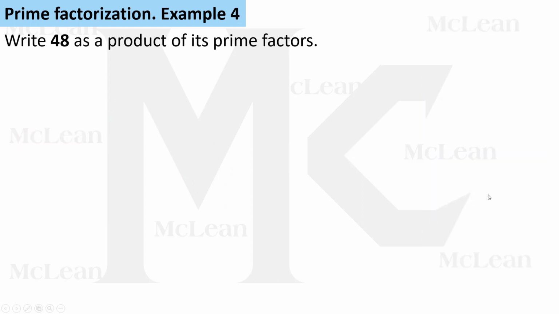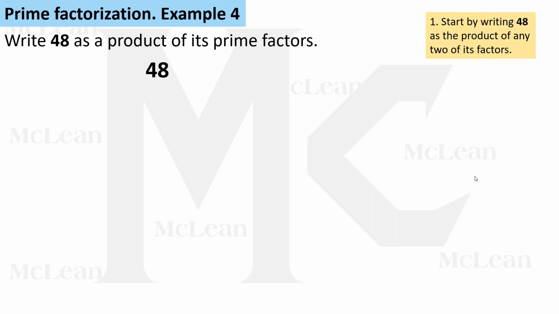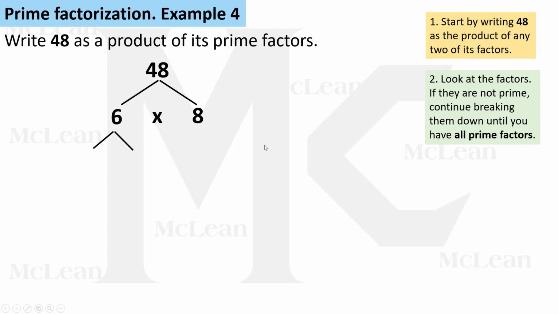Example 4. Still on prime factorization. Write 48 as a product of prime factors. We start by writing 48 as a product of any two factors. What times what can give you 48? So many things. For now, we use 6 times 8. 6 eights are 48. Are these prime? Nope. Let's break them down some more. What times what can give me 6? 2 times 3 gives me 6.